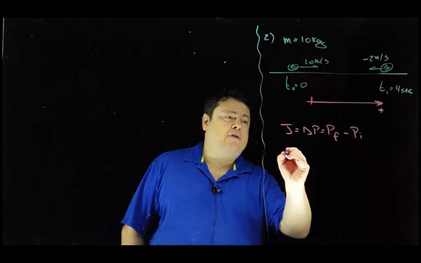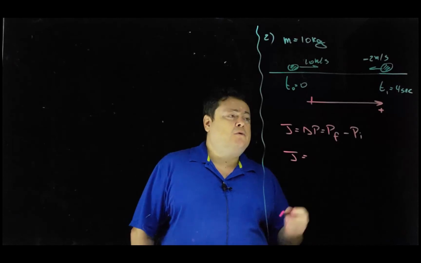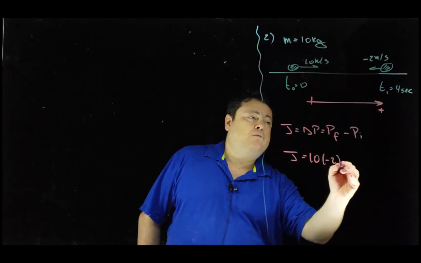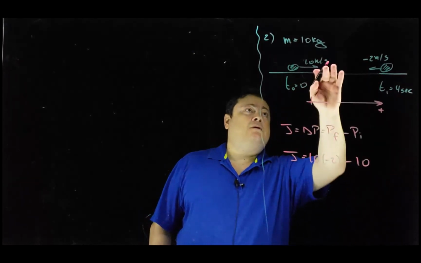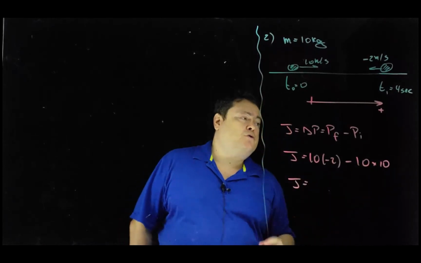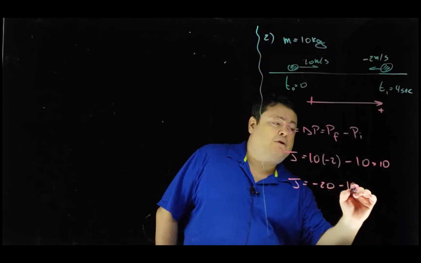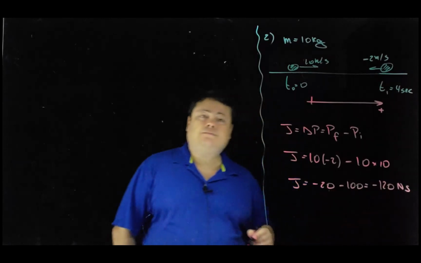So impulse is my final momentum, which is 10 times negative 2, minus my initial momentum, which is 10 times 10. So impulse is negative 20 minus 100, negative 120 Newton second.